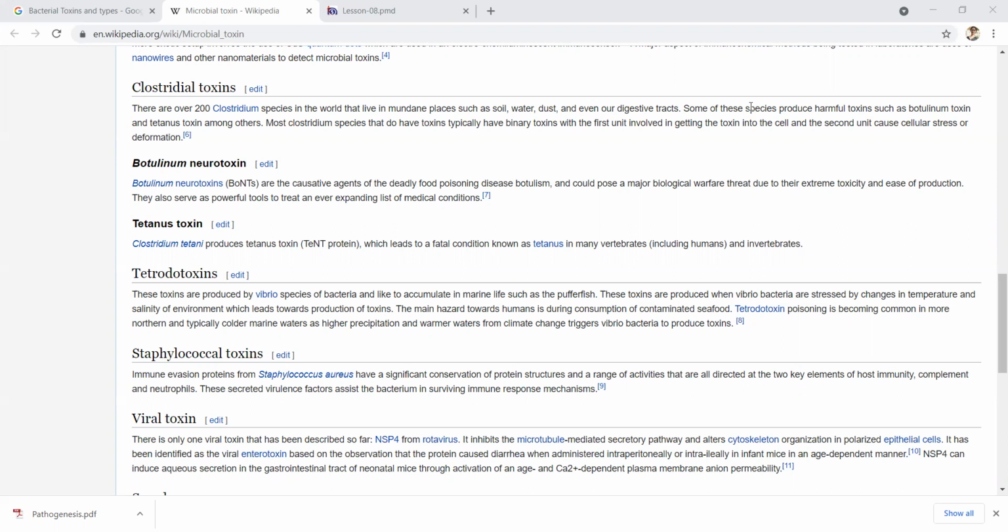The entire population will die if they are not given immediate medical help. So this is just an example. There are other bacteria also which may be used as biological weapons. This is a very dangerous thing if scientists happen to use such kind of weapons in future.